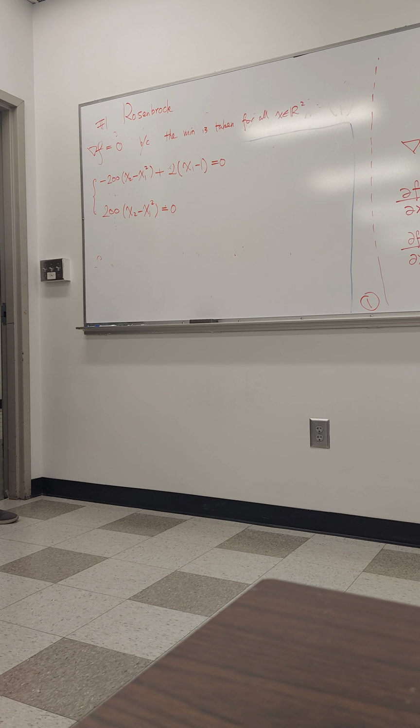Every possible direction is a feasible direction, because if our step is small enough, we won't go outside. This is literally the definition of an interior point. That is, if our step is small enough, we won't go outside.